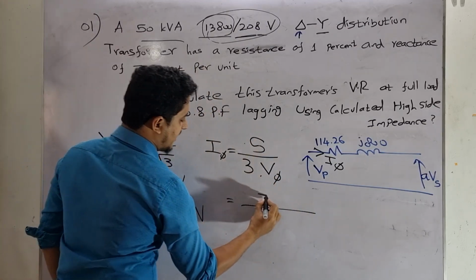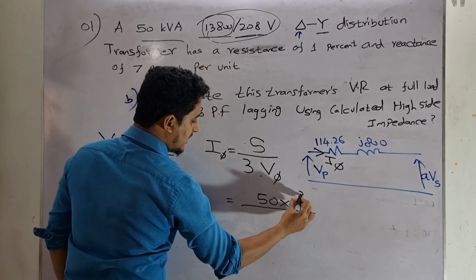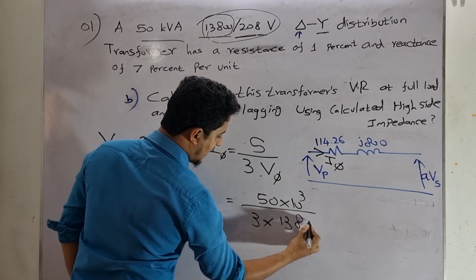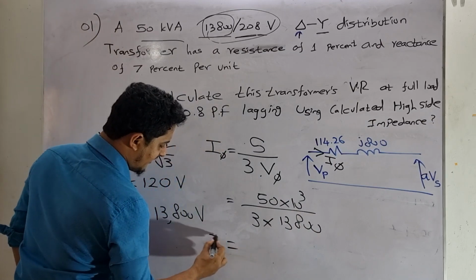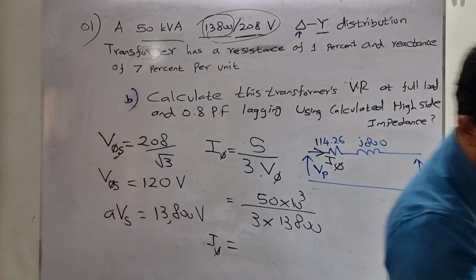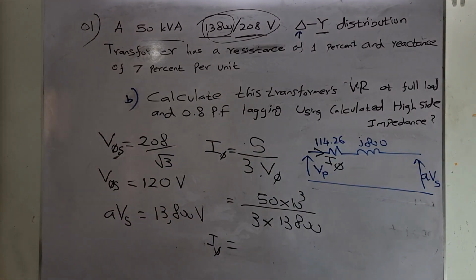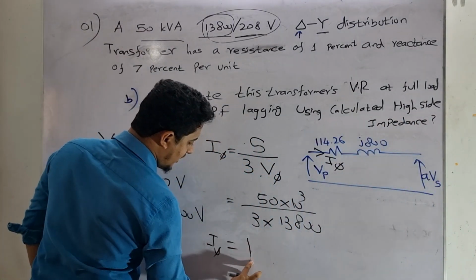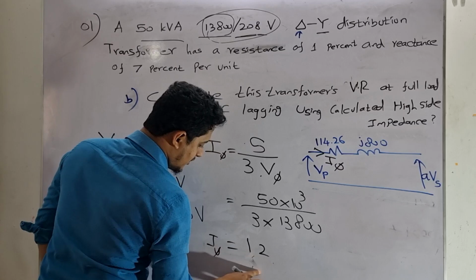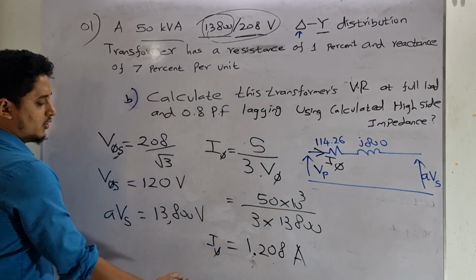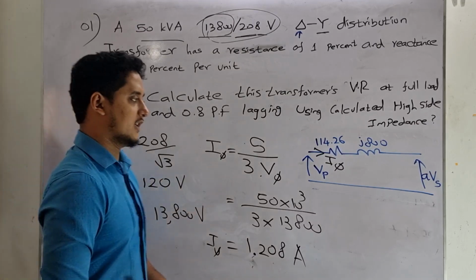Apparent power is 50 kVA, 3 into phase voltage 13,800. So what is the phase current of this transformer? 1.208 ampere. Okay, so this is the phase current of this transformer.